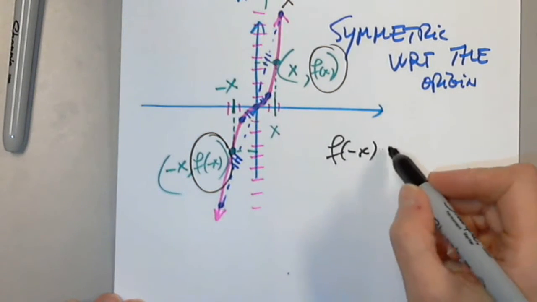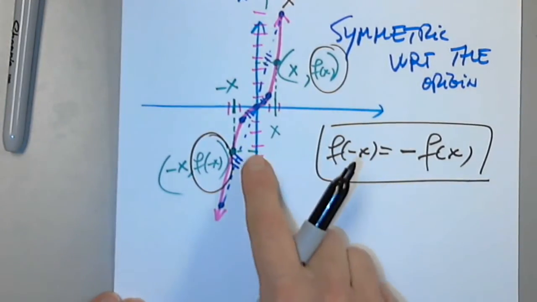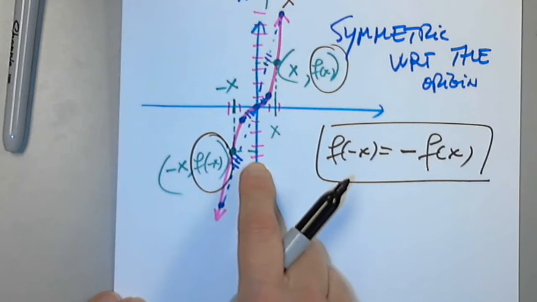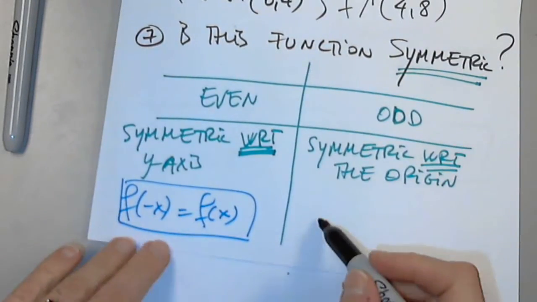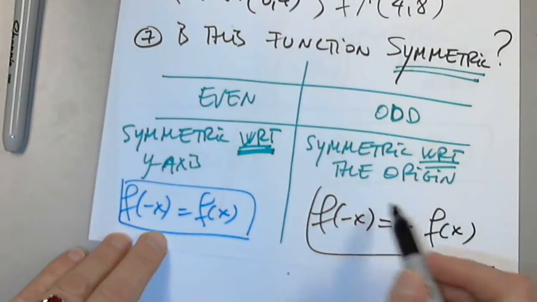Take inverses. Exactly. This number is the opposite of that, or this number is the opposite of this. They're not the same, but they're exactly opposites. So I'm coming back, and this is the relationship. F of negative x equals the opposite of f of x.